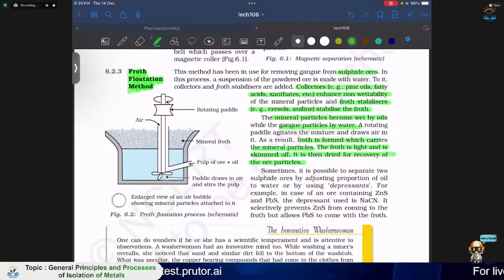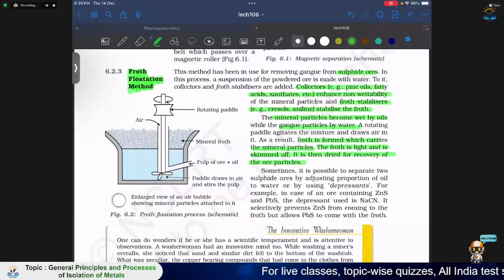You wet the ore by oil and you wet the gangue by water, and you get a froth of oil, because it is light, so the froth of oil accumulates on top of the water, and you collect it and remove the ore later. So the gangue stays in the water. Sometimes it is possible to separate two sulfide ores by addition of water and oil.